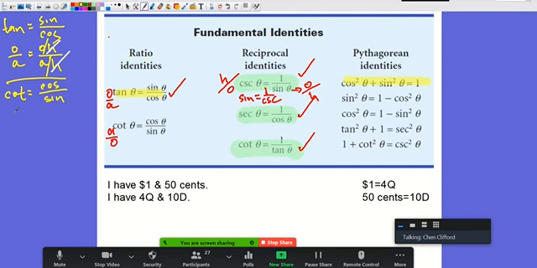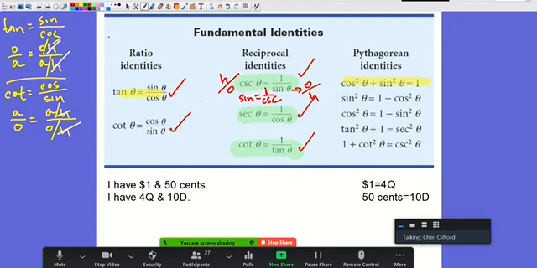Cotangent, you agree hopefully, is adjacent over opposite. Cosine is adjacent over hypotenuse, and sine is opposite over hypotenuse. I'm going to cancel the h's, and I get a over o equals a over o. That's the easier way of proving it. So now I just proved to you both of these on the left side.